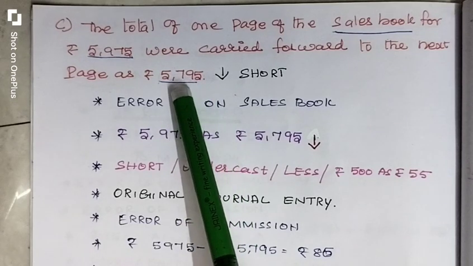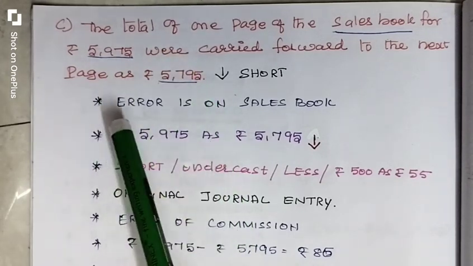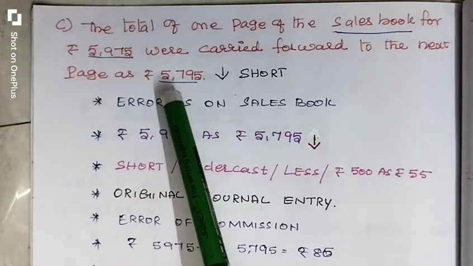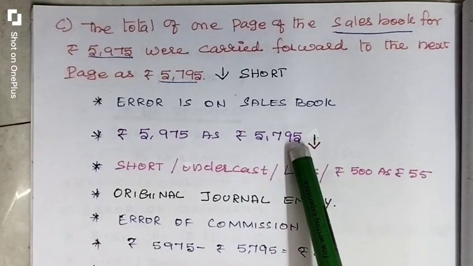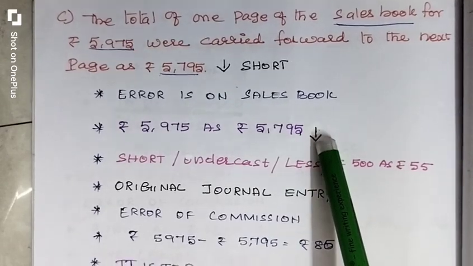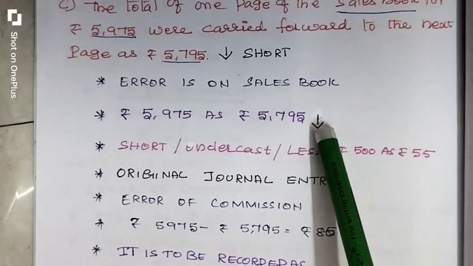Where is the error? The amount is the error. Instead of 5,975, an accountant entered 5,795 on the sales book. So this is the undercast.